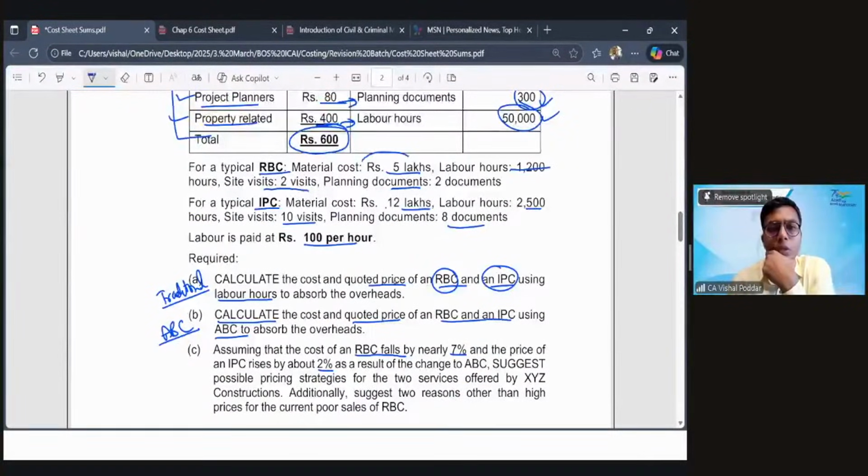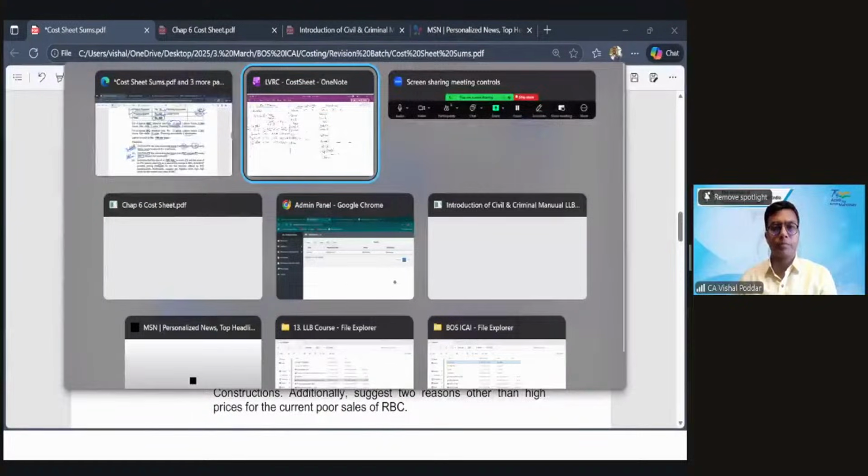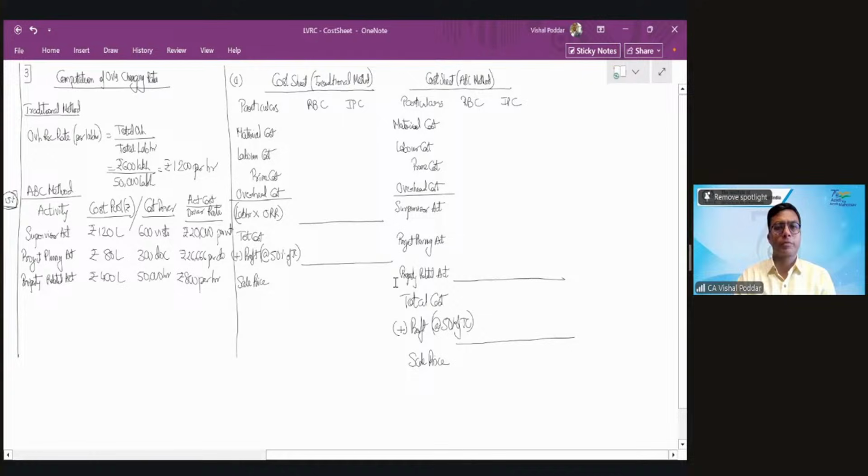So here my material is 5 lakhs and 12 lakhs, amount in rupees in lakhs.